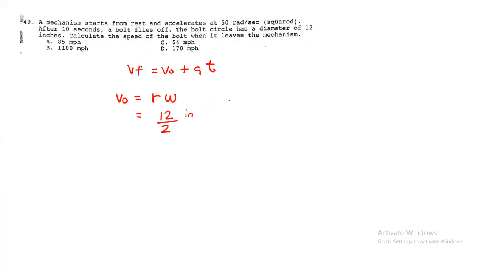So times, convert natin 1 foot per 12 inches. Then times W. So ang W natin is 50 rads per second squared.